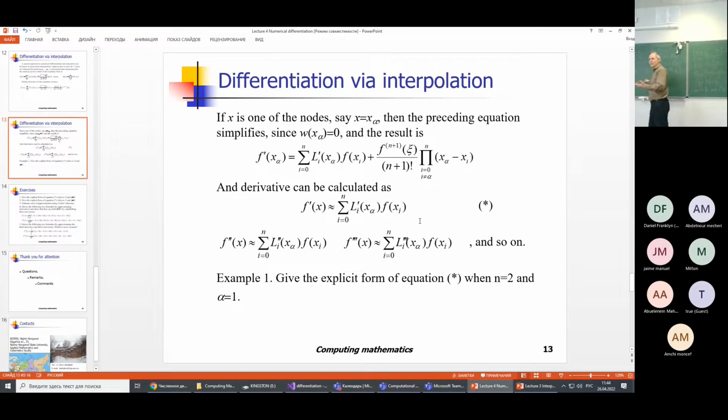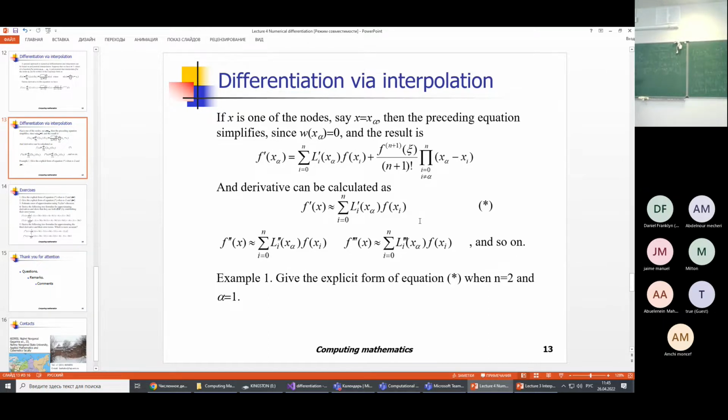This is the formula for the first derivative of P2 of x. Let's find the second derivative of P2 of x. How to find it using this? The same idea. We can take the derivative of this large sum.